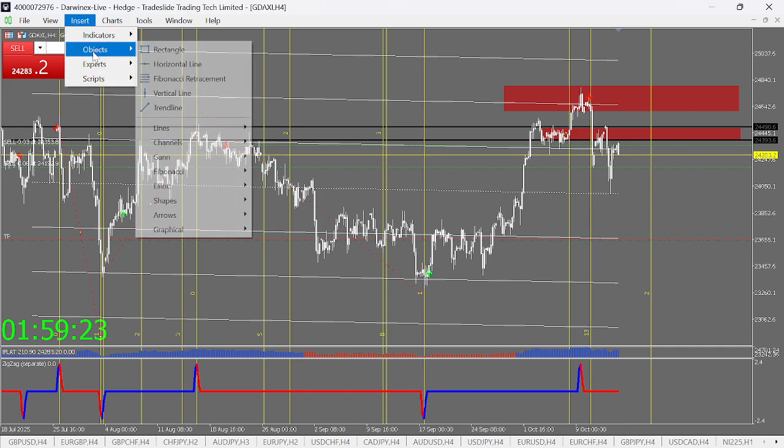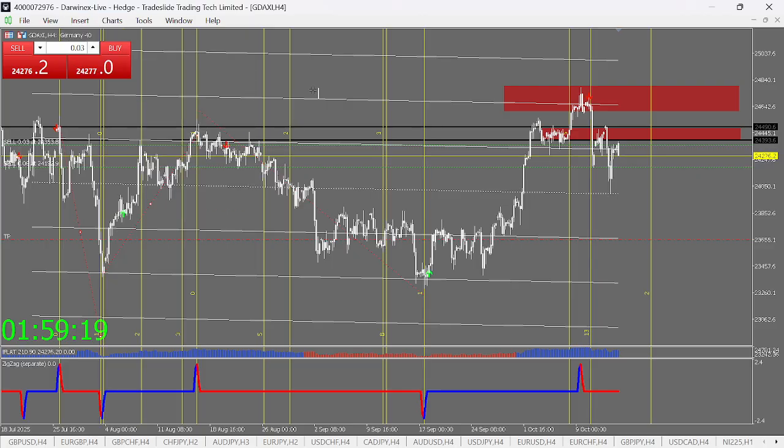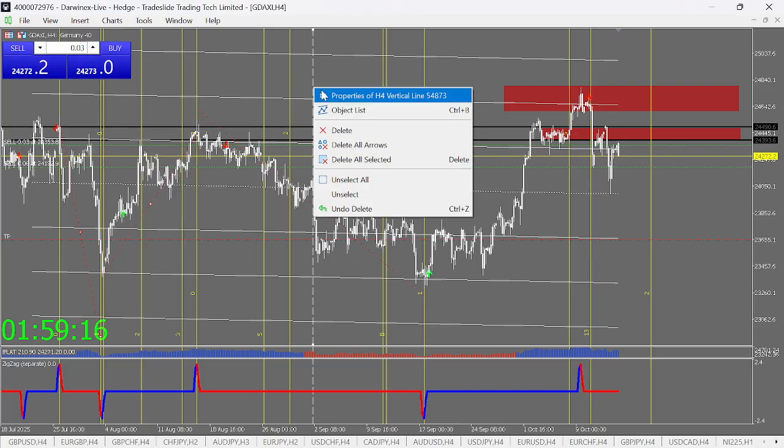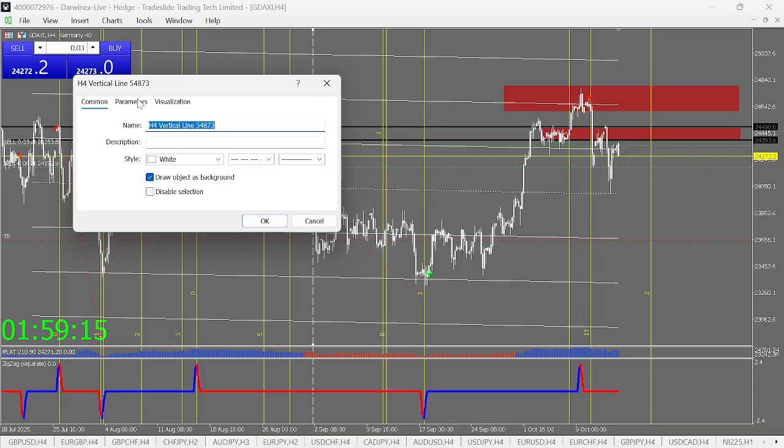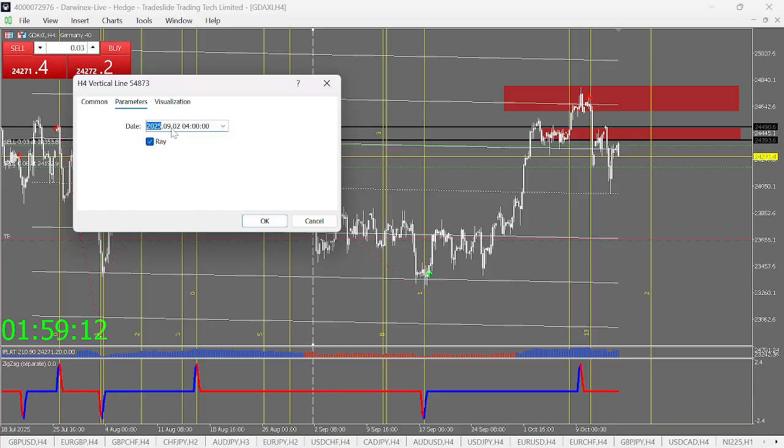Insert object, vertical line. 2025, 10, 15, zero, zero.